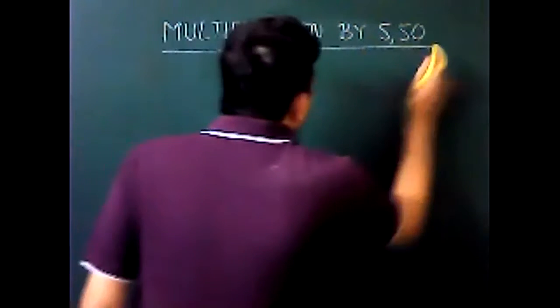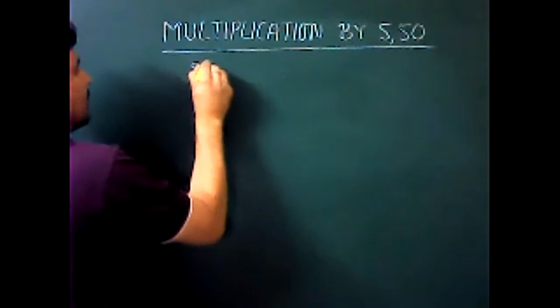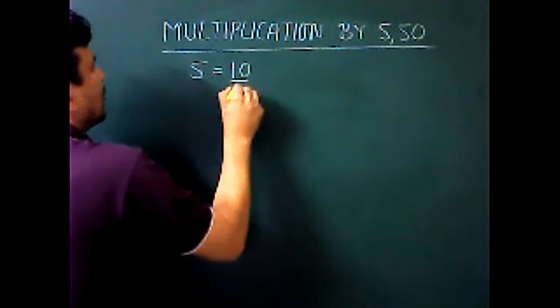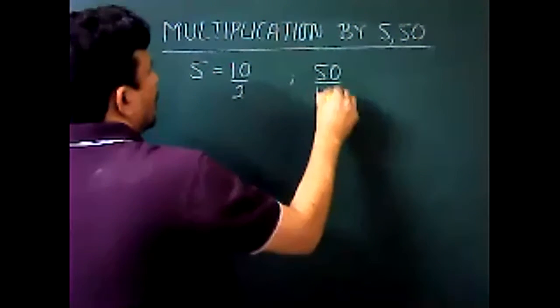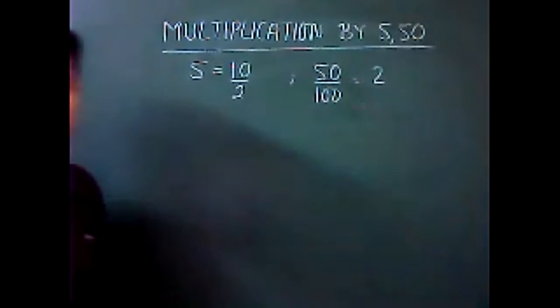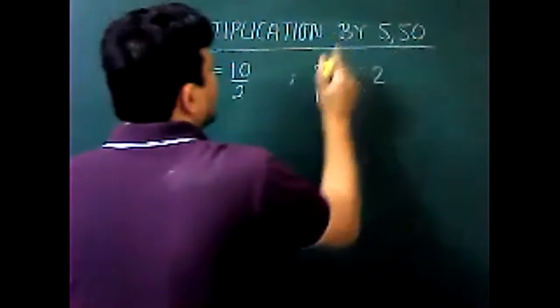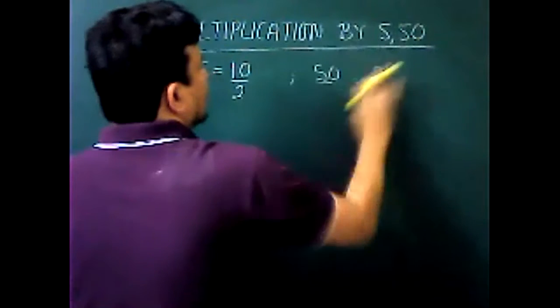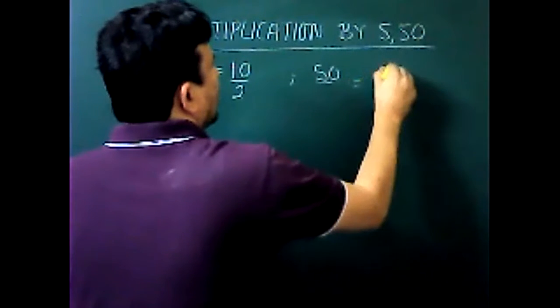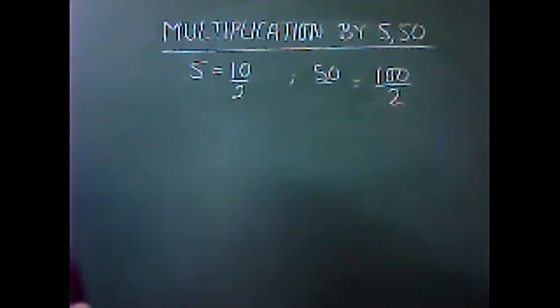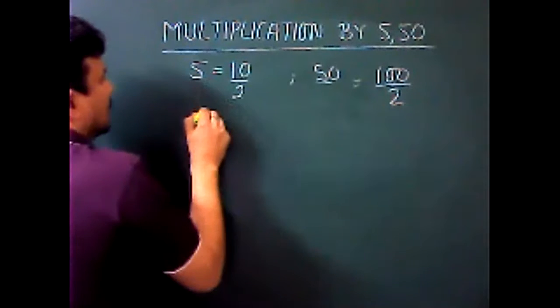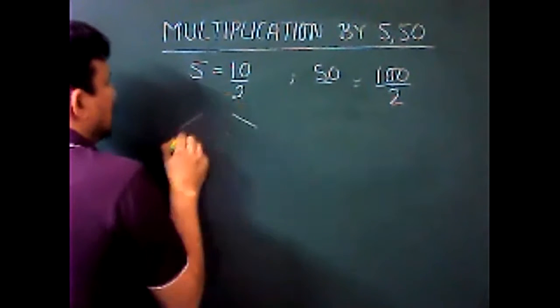Whenever we multiply any number by 5 or 50, I convert 5 as 10 upon 2, and I always consider 50 as 100 upon 2. 5 is 10 upon 2 and 50 is 100 upon 2. That is, I have to divide the number by 2.